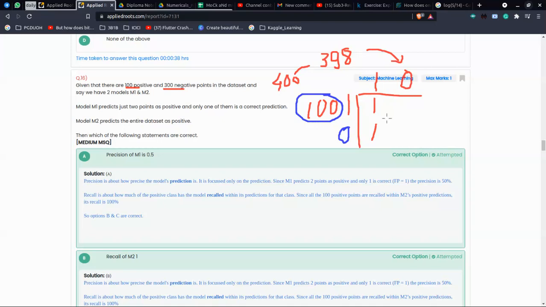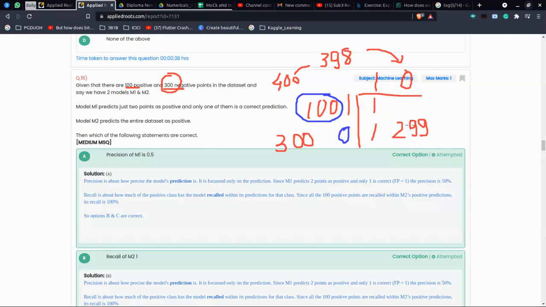I have 300 negative points, and all of them are covered as negative, but this one point was actually negative and it is saying positive. So out of 300, I am making one mistake here, so the rest 299 points are correctly classified.